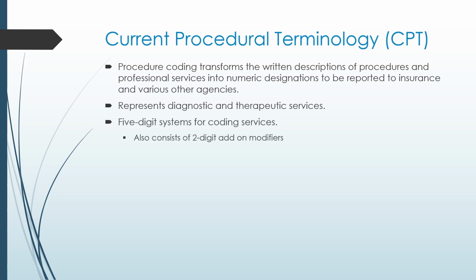CPT is a 5-digit coding system, and it also consists of 2-digit add-on modifiers, and we will take a look at both the 5-digit system and the modifier system. It is the system of choice by CMS, and because of that, we do use CPT codes to report to all insurance payers.